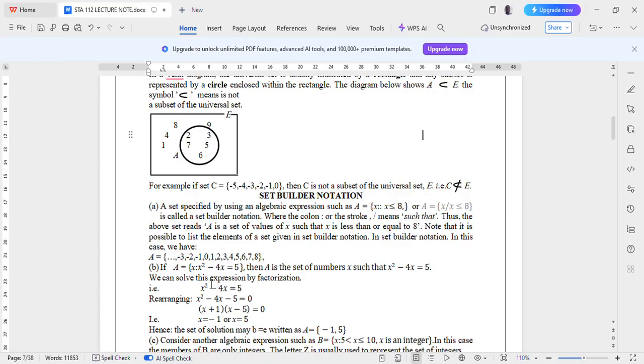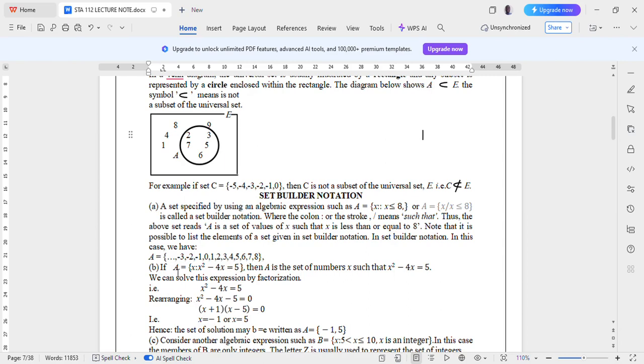They did not tell us whether it is an integer or otherwise, only that x is less than or equal to 8. So any number less than or equal to it is in that set. From the beginning on the negative side we don't know; we only see -3, -2, and we know that the last number there is 8.